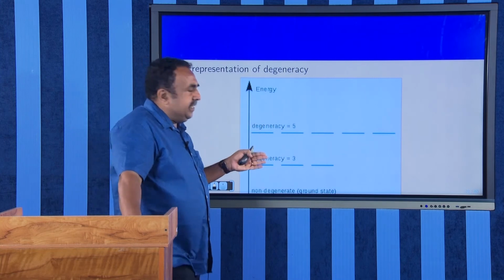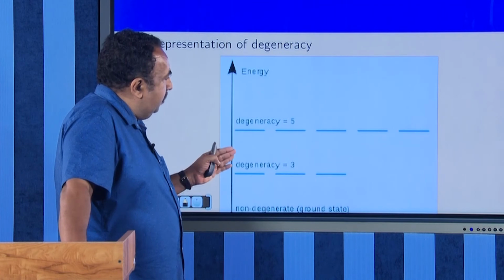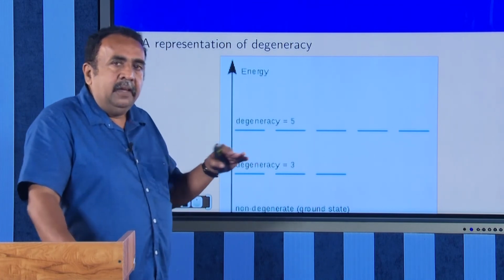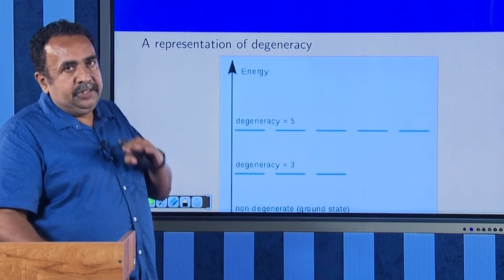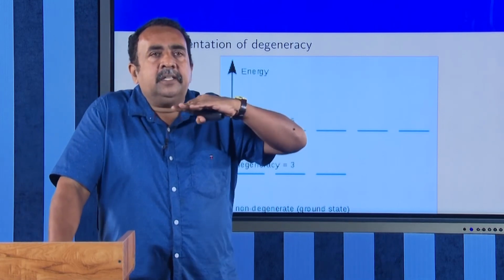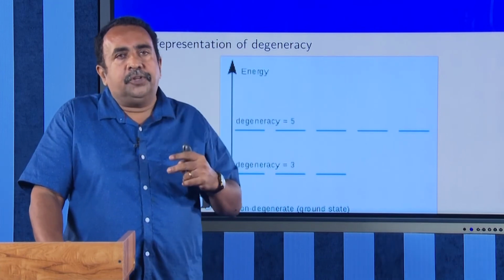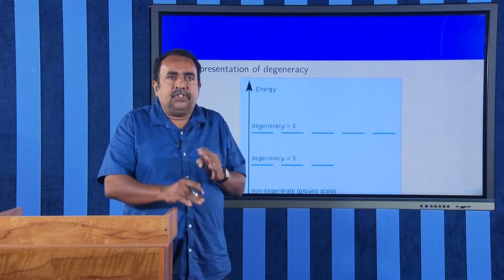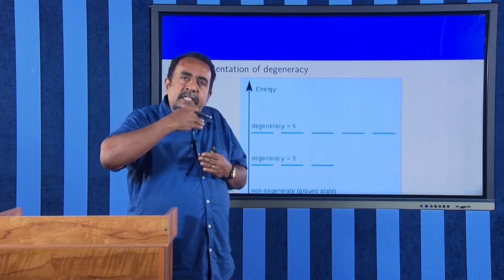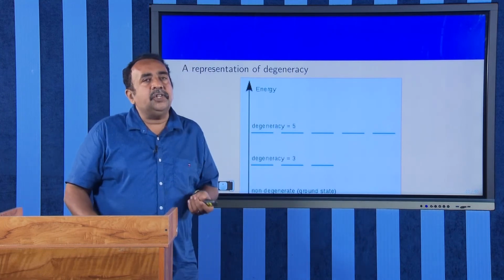What we had seen is that in the case of quantum energies, the same energy value will have hidden degeneracies. The system will be having the same value of energy. For example, if I say that one energy is having a value of 1 electron volt, because of the quantum degeneracy, there will be a large number of states or levels with the same energy, and that is called the degeneracy.